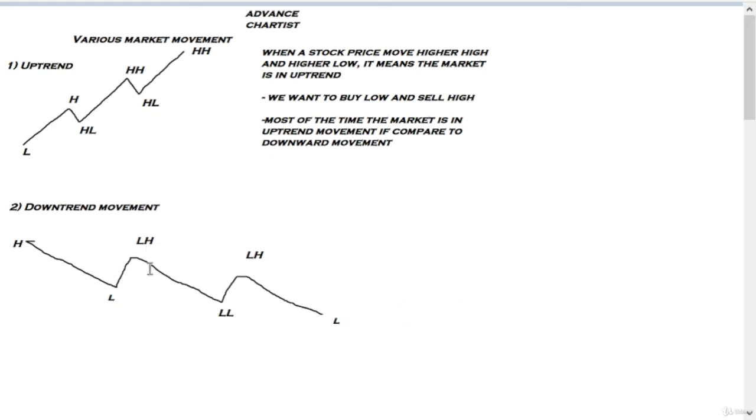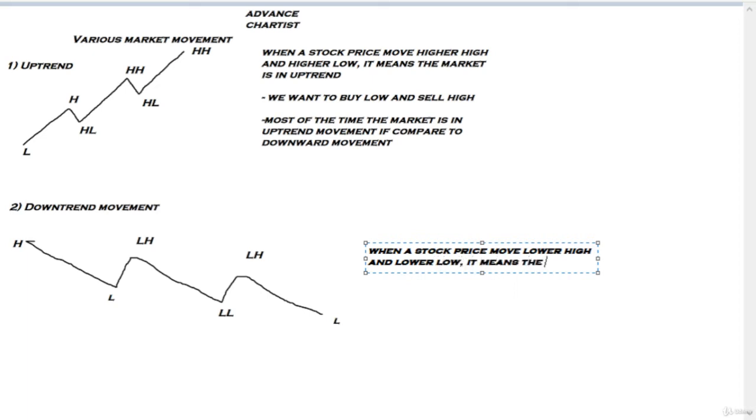All right. So when a stock price moves in lower high and lower low, it means the market is moving in a downtrend.